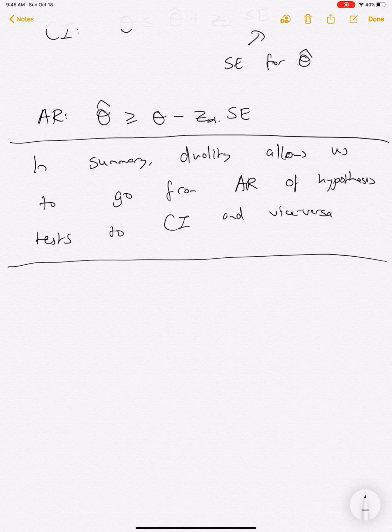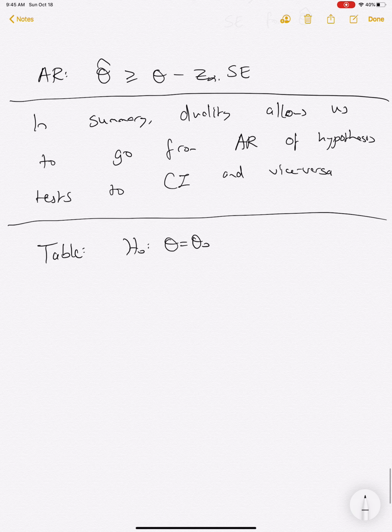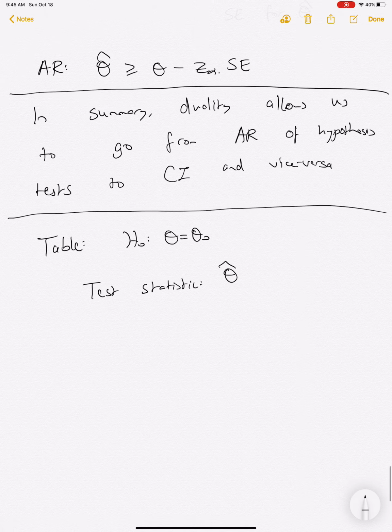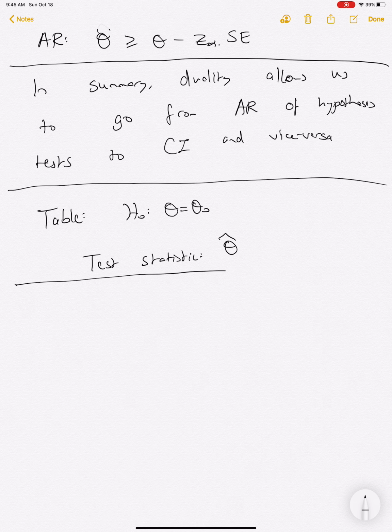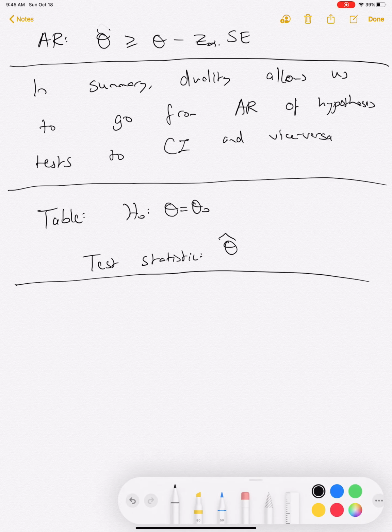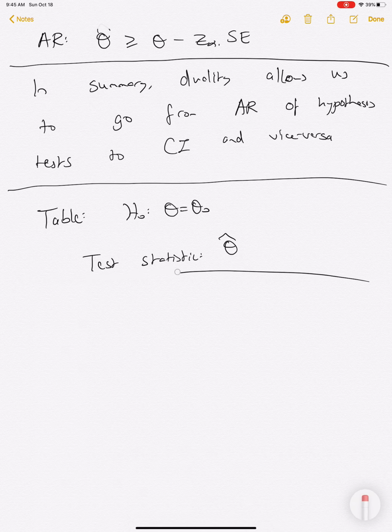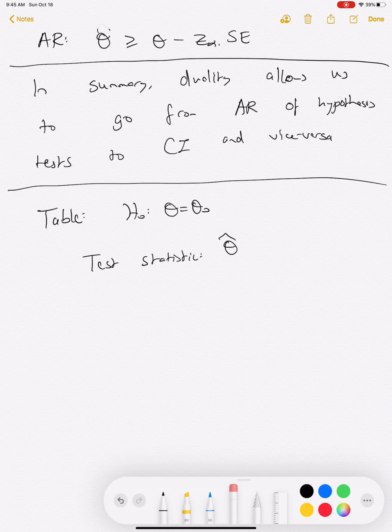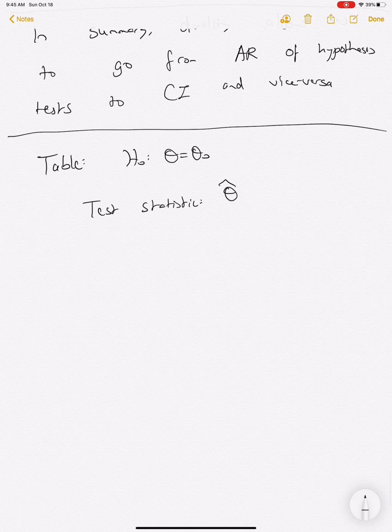So we've got H naught is theta equals theta 0, and we also have our test statistic, for which I'm just going to use the notation theta hat that we've used before. There's three different alternatives we've considered.